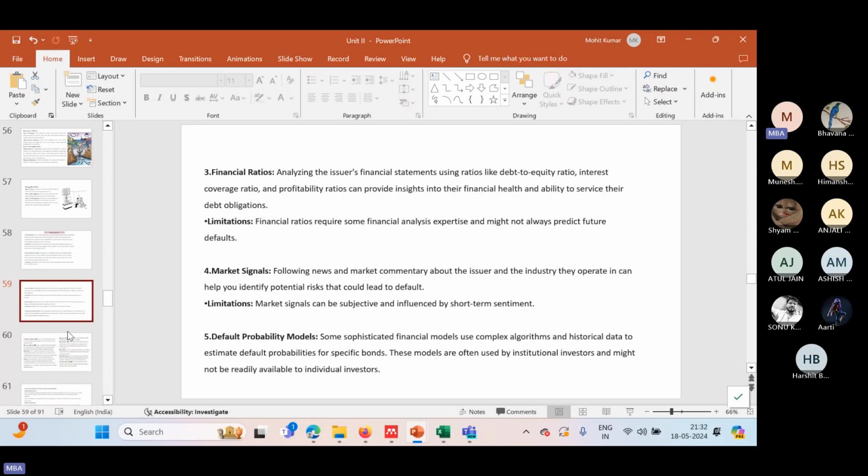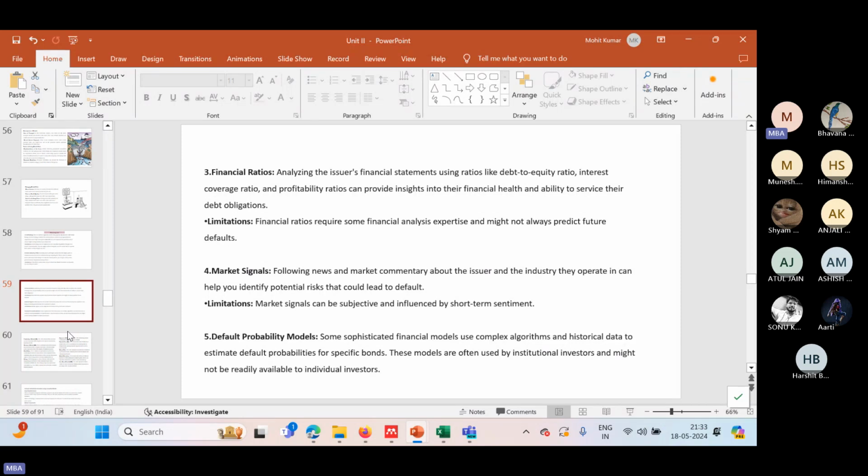That day we were discussing, for example, the government suddenly announcing that we will go ahead with 100 smart cities. That project may affect so many things around it: the cement industry, iron industry, workers. So you have to catch those market signals also, how the market and the industry in general are behaving. And then you have advanced default probability models, where you use algorithms or historical data.